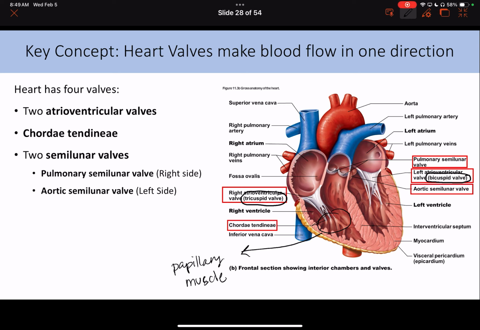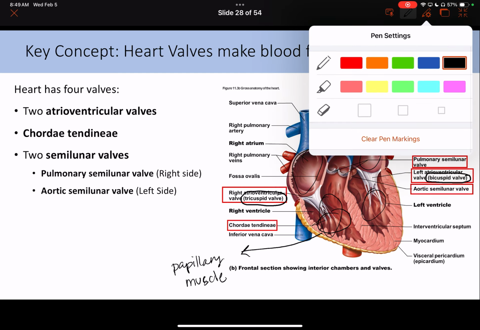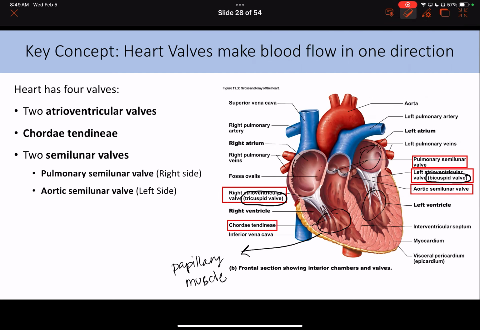So tricuspid on the right, bicuspid on the left. How I remember that, because remember, blood flow goes from the right side, so right atrium, to right ventricle, out to the lungs, and back to the left atrium, left ventricle. And so the way that I remember which side is which is that you try before you buy.